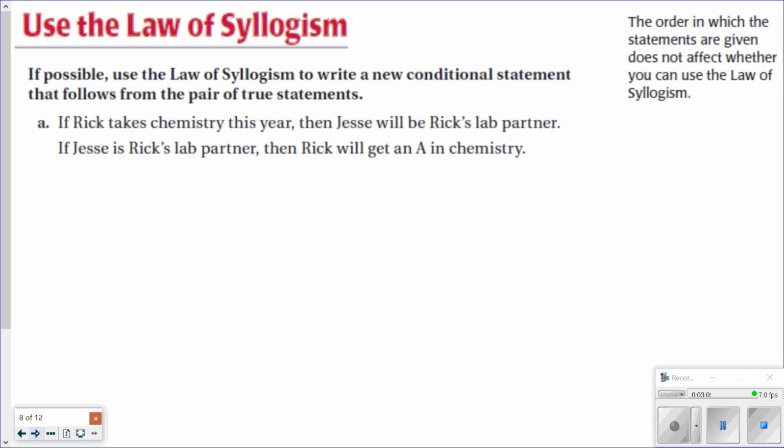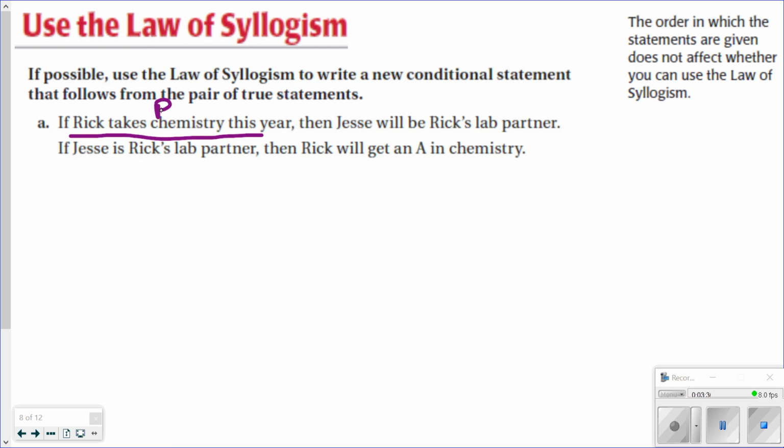So use the law of Syl. If possible, use the law of Syl to write a new conditional statement that follows from the pair of true statements. So here's our statement. If Rick takes chemistry this year, then Jesse will be Rick's lab partner. So I'm going to look at the first part of this statement. If Rick takes chemistry, that's going to be my P statement.